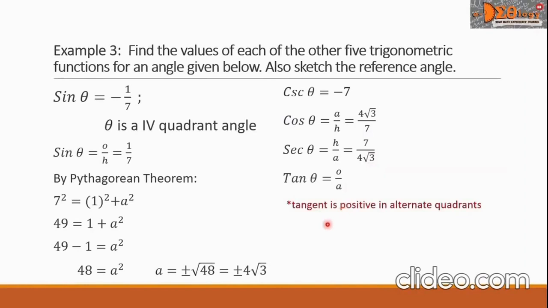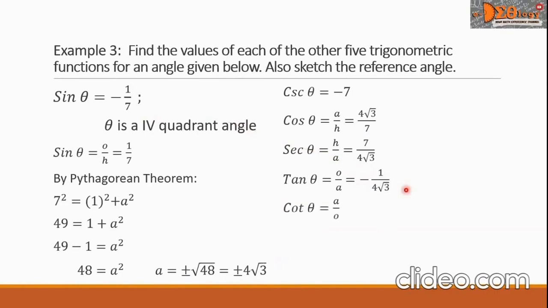We know that tangent is positive only in alternate quadrants. It means this tangent will get a negative value. Substituting the values, we have negative 1, the opposite value, and the adjacent value is this 4 square root of 3. So we have the tangent theta equals -1 over 4 square root of 3.